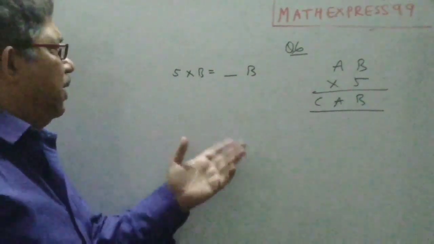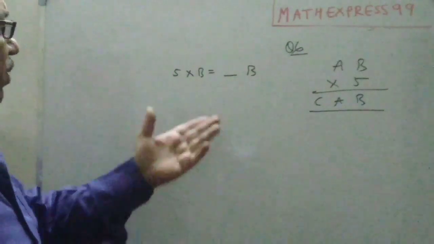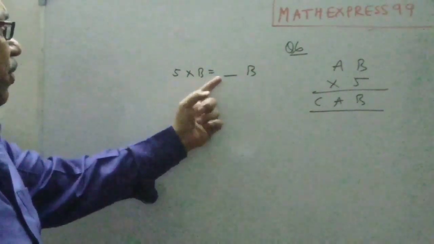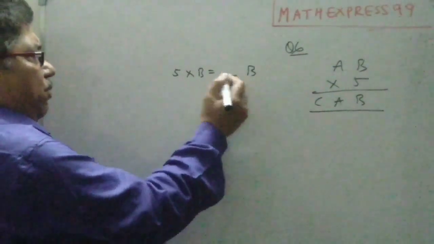This digit can be anything. We are not really worried about this digit, but what is here should eventually also come here. 5 into B should give me a number which ends in B.